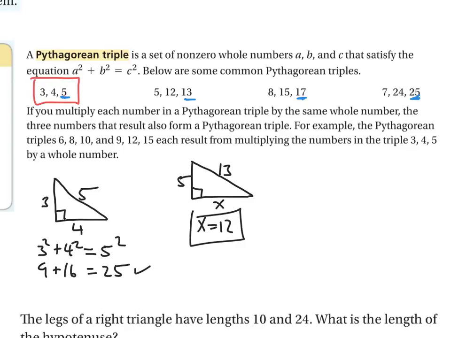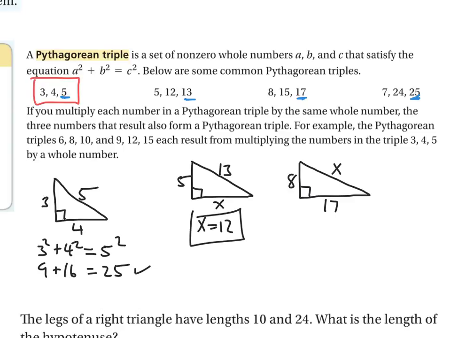But what if I have a triangle that has, this is 17 and this is 8. And I'm trying to solve for the hypotenuse. Don't fall into the trap of seeing, oh, 17 and 8, that's part of a Pythagorean triple. The hypotenuse must be 15. Problem with that, the hypotenuse has to be the longest side.